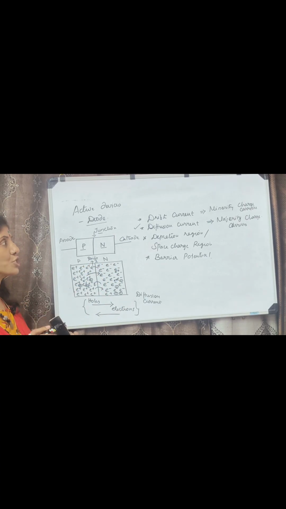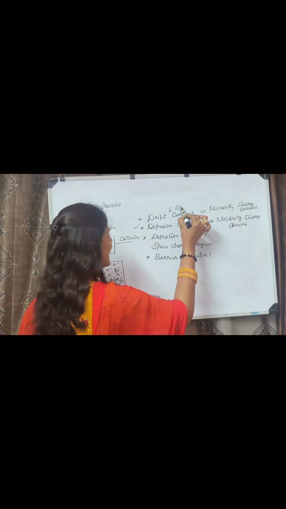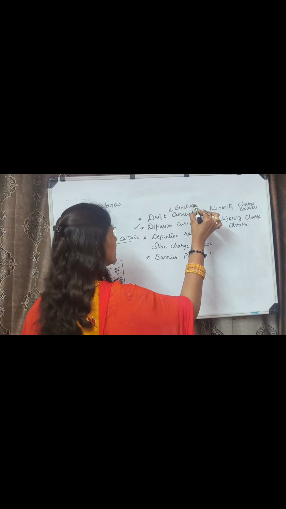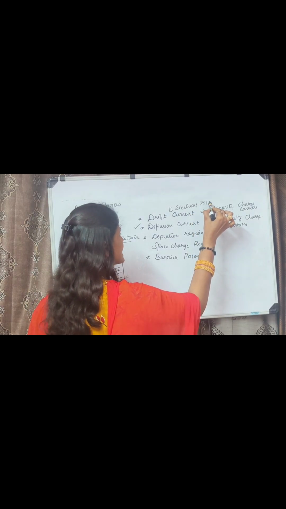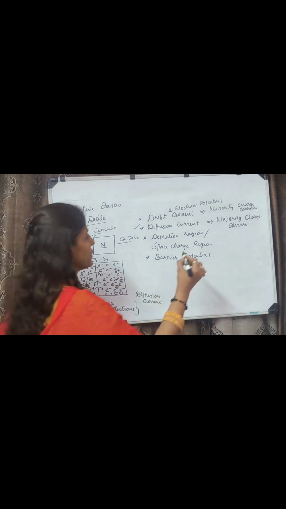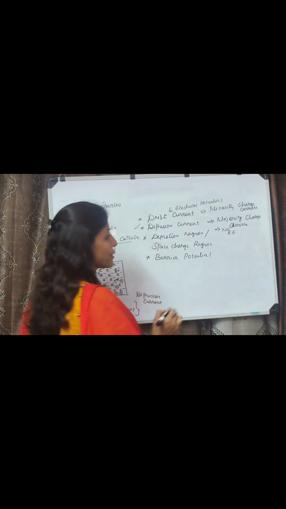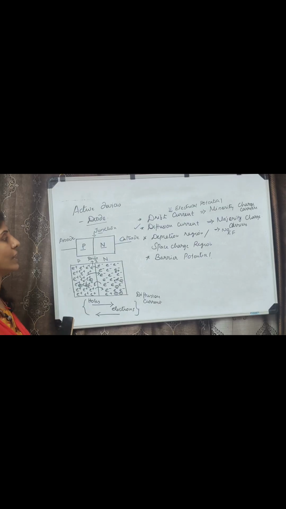For the drift current to happen, it needs some electrical potential, because of the electrical potential this current is produced. But for the diffusion current, there is no need for any electric field. Simply the current will go on. That is the diffusion current.